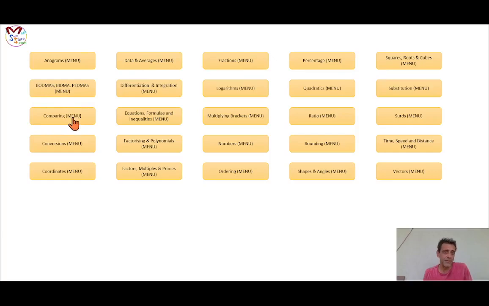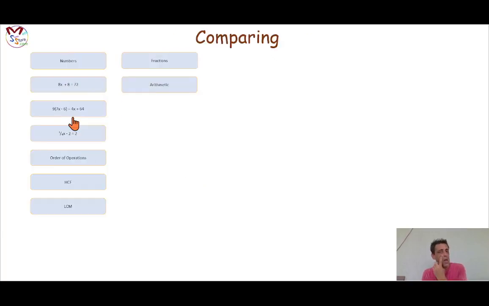Okay, so if we go comparing, and in the order of operations menu, there's a comparing for that, and there's also in the comparing menu an order of operations. So it doubles up the menu, but it's not to bulk the file out or make it look as if there's more things in it.